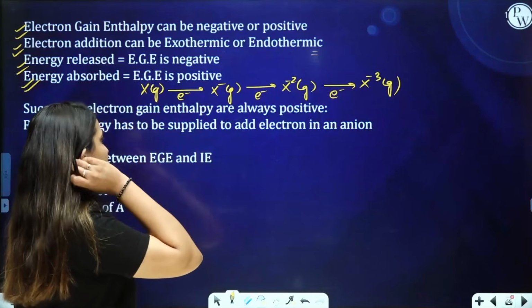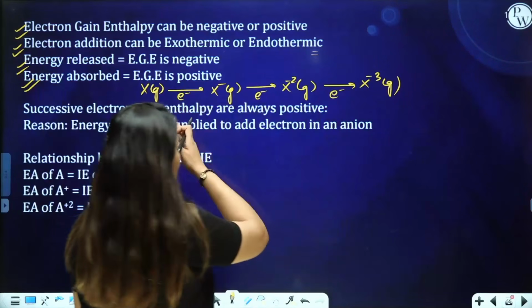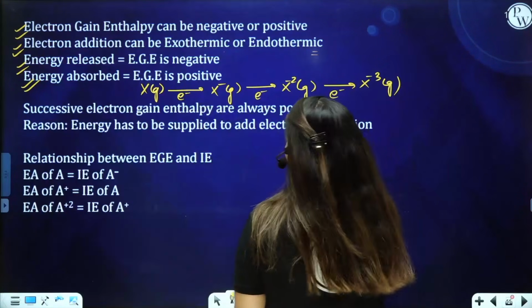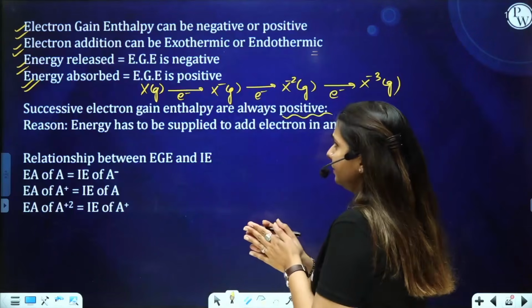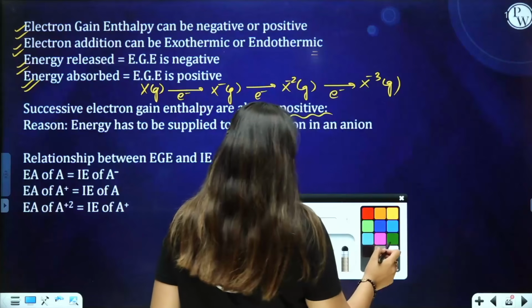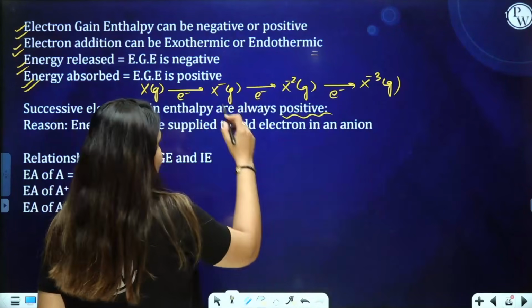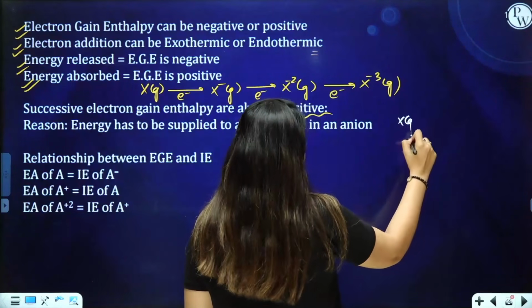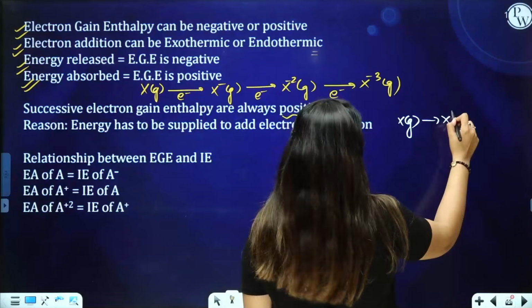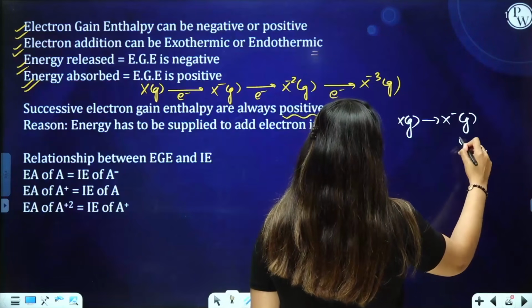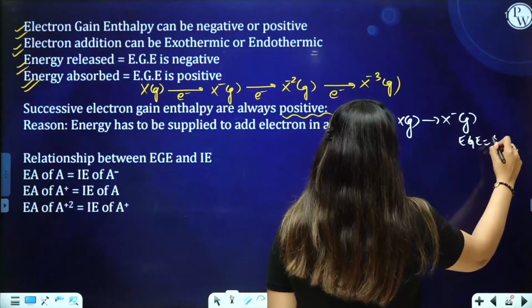So always remember, successive electron gain enthalpies are always positive. If I say X gaseous goes to X negative gaseous, your electron gain enthalpy, let's say, is 50.